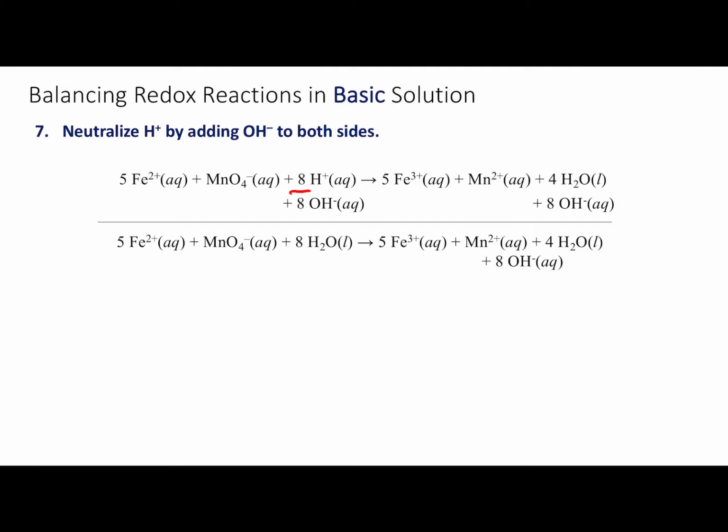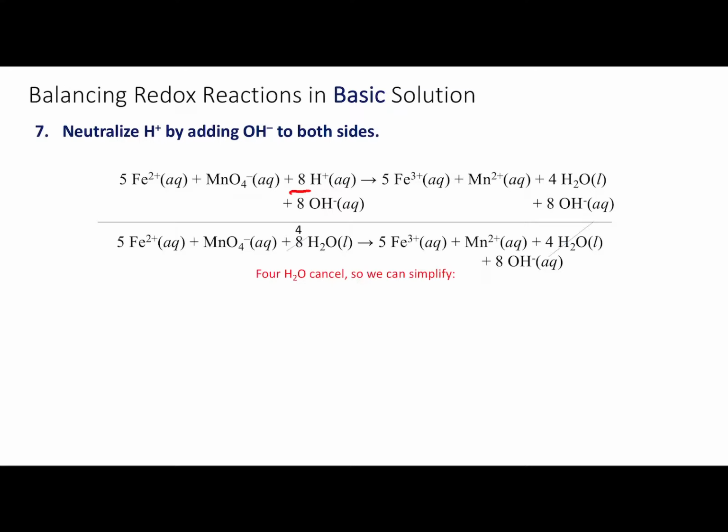a reaction that is 5 Fe2+ plus MnO4- plus 8 H2O yields 5 Fe3+ plus Mn2+ plus 4 H2O plus 8 OH-. If you inspect this reaction carefully, you will notice that there are 4 waters on the right and 8 waters on the left.